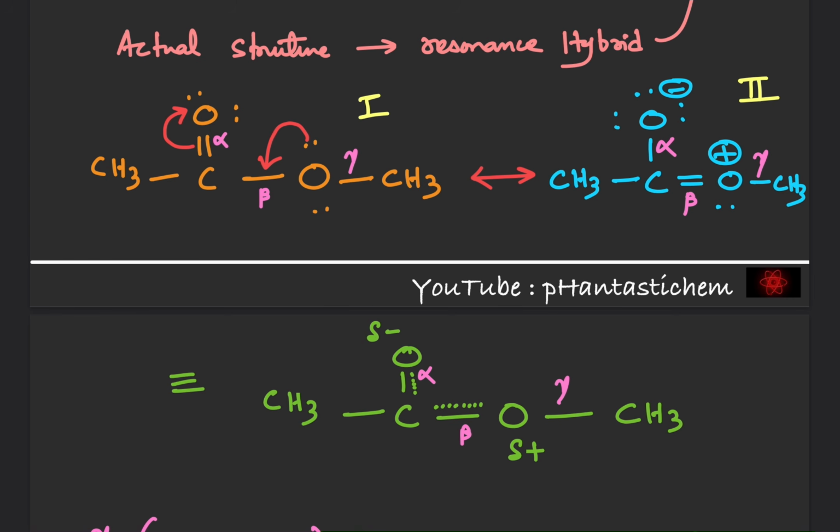In structure 1 we have alpha, which is a C double bond O, and beta, which is a C single bond O. In the hybrid you can see alpha and beta both have partial double bond character.